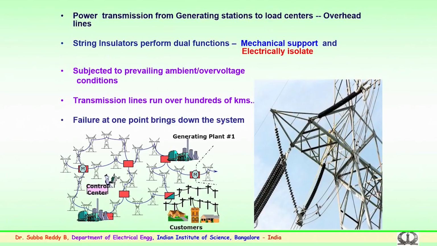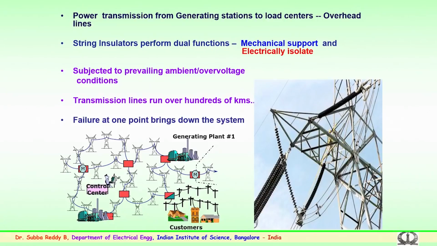These transmission lines, depending upon the voltage level and also the distance from the generating stations to the load centers, run over a few hundreds of kilometers in case of HVAC, and sometimes a few thousands of kilometers in case of HVDC. Why I am mentioning this point is that you have several towers and insulators all over the line length.